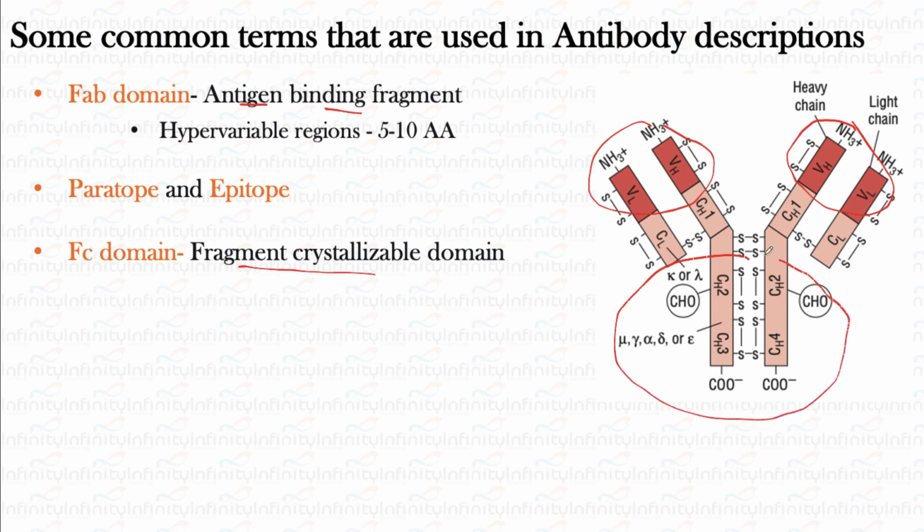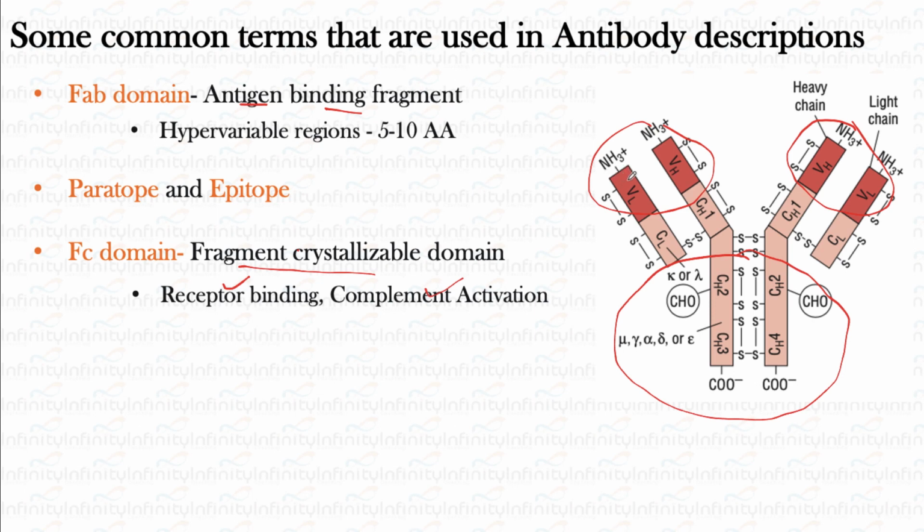The Fc domain is an important part of the antibody, and it is responsible for binding of the antibody to a receptor. It is also responsible for complement activation. However, it is not important for binding of the antigen to the antibody. So antigen binding is only carried out by the Fab fragment.